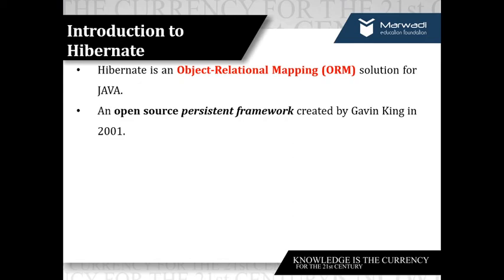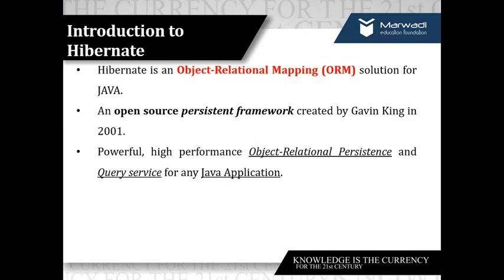And what is persistent data? Data that does not get removed automatically until you remove it on your own. That is persistent data. This is a simple layman definition of persistent data. So this is a whole framework that deals with how to handle persistent data.